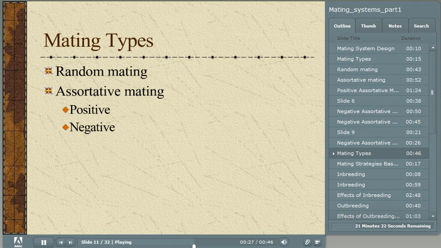And that helps you to implement one of the two types of mating systems. Now, within a herd, as I mentioned earlier, you can apply both types of assortative mating systems depending upon what your goals are. Now, there's actually another class of mating strategies that we'll talk about in the next slide.